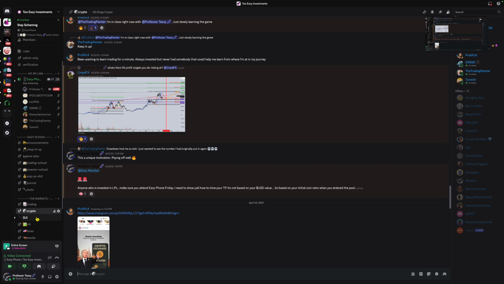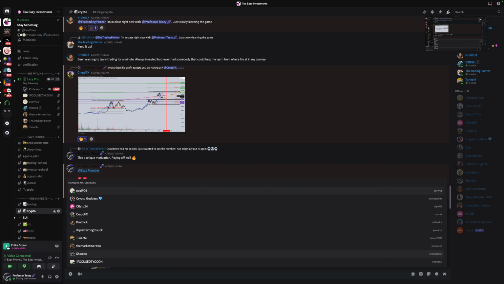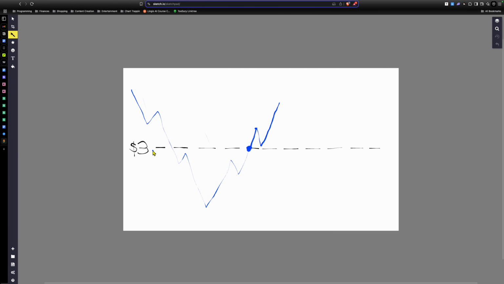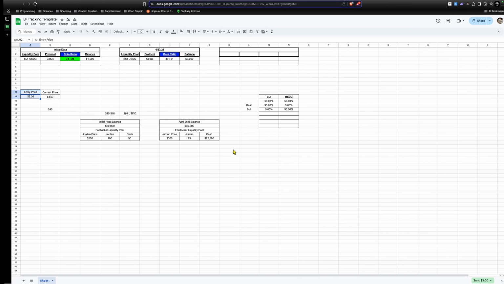So to get one checkbox, we need to get back to $3 or above. Currently, SWE is above $3, so that's one checkbox. We good there.